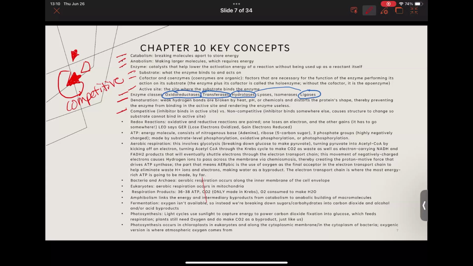For non-competitive inhibition, if you were that same enzyme and you normally interact with triangle pizza, and then something else comes along, let's just say it's a square. Here's our square. Square comes along and binds somewhere else, and that leads to this situation. It causes the shape of that enzyme to change, but it didn't bind at the active site. It bound somewhere else, right? We'll say it was right here.